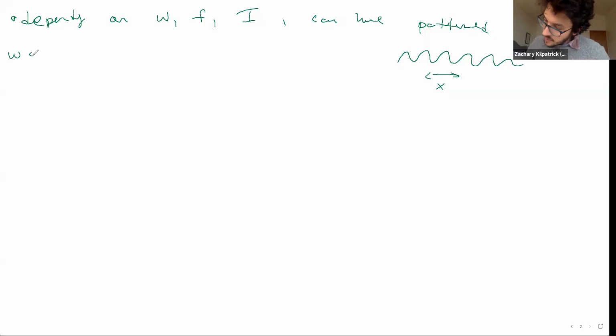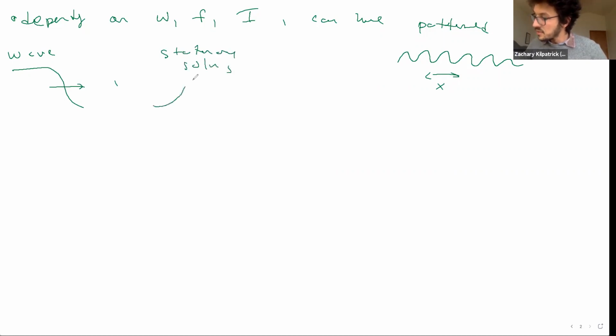We can have wave type activity, as we've seen in other reaction diffusion type systems, or what are called stationary solutions, where maybe we have some localized region of activity here that doesn't move at all.